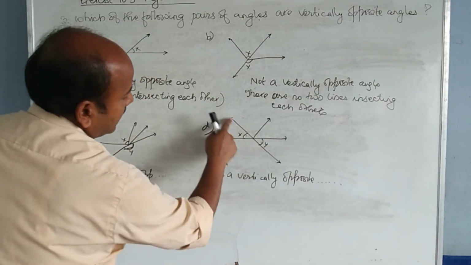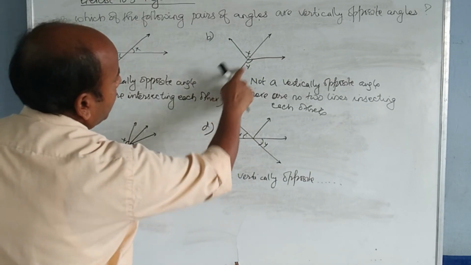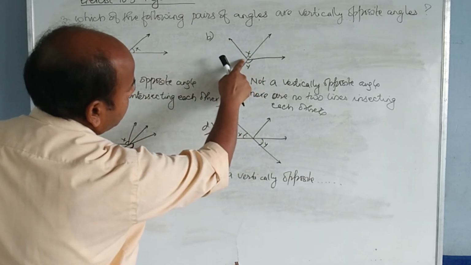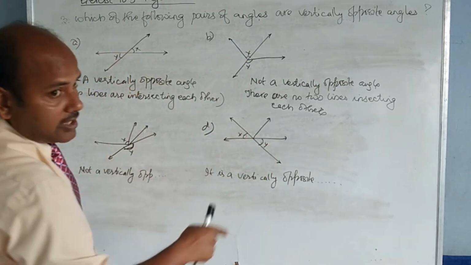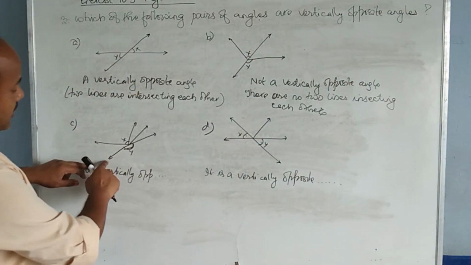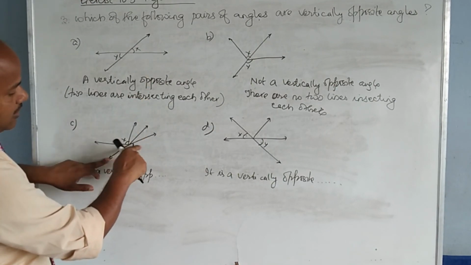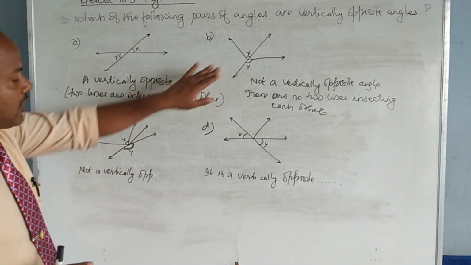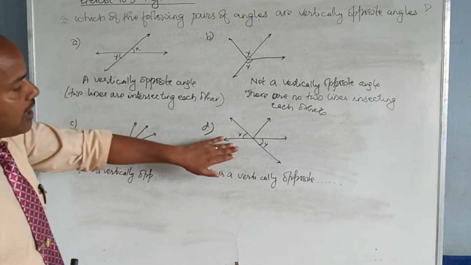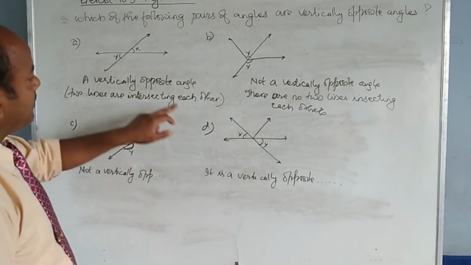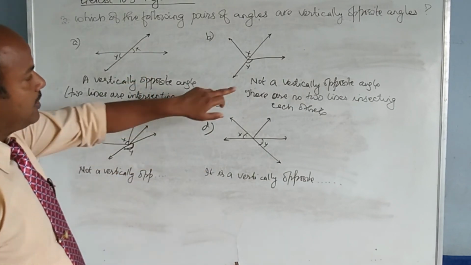Here also one line, another line intersecting each other. Here one line, but there is no other line intersecting. This line only touches, but it does not intersect and come beyond the line. Here also one line, but another line comes and just touches and changes direction. It does not intersect. So these two are not vertically opposite angles. These two are vertically opposite angles. I have left this incomplete for you, but this one you need to copy from here and this one from here.